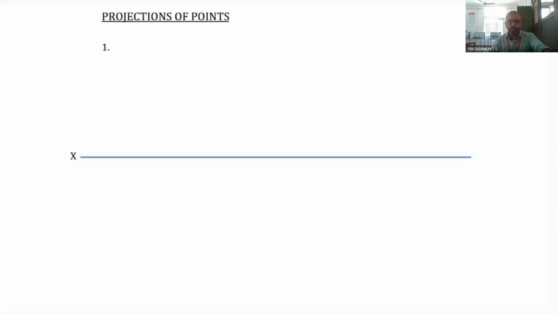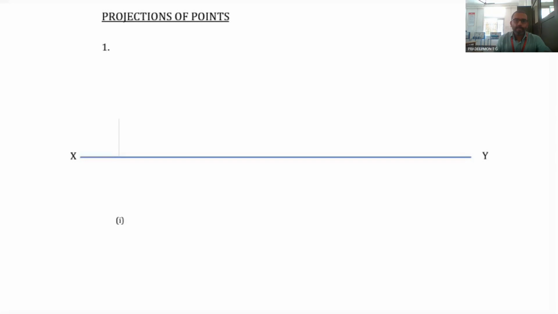So the XY line will be a long line. And for the first question, if I remember it right, it is 20 millimeter away from HP, that is 20 millimeter above HP and 15 millimeter in front of VP, isn't it? Yes, sir. The first exercise is 20 millimeter above HP and 15 millimeter in front of VP.